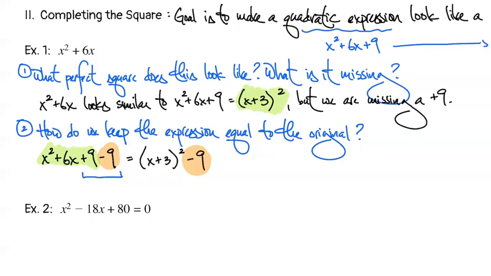So before we move on, can someone tell me how I can get from 6 to 3? Yeah, I could get from 6 to 3 by dividing by 2. Okay. All right.